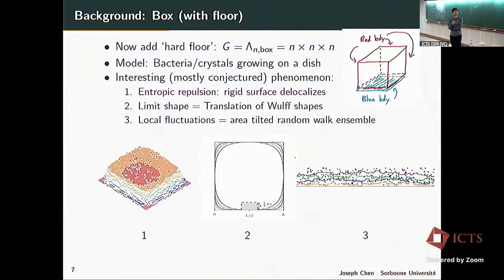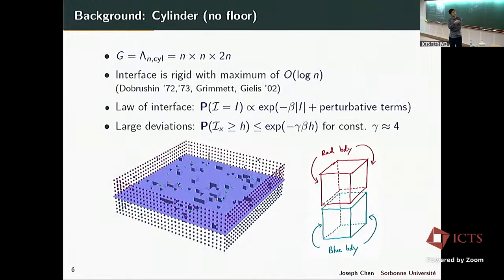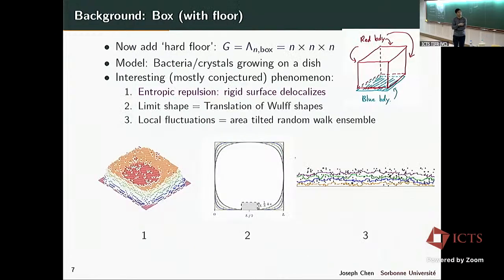What this means is that we saw that when you don't have a floor, your picture is flat everywhere, or almost everywhere. And indeed, if I take this model and I put beta to be infinity, the interfaces will just be completely flat at the bottom. This minimizes the energy.